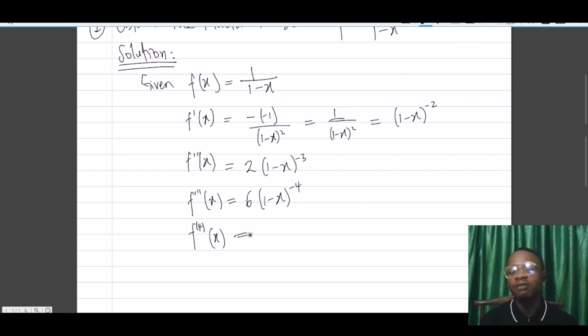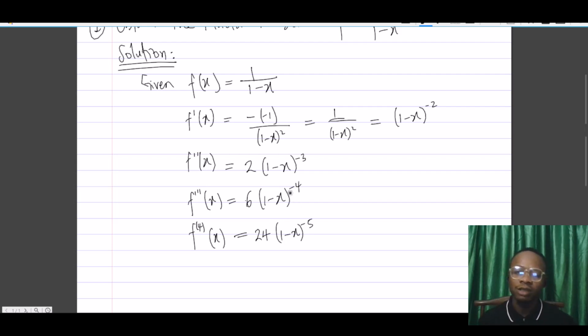The fourth derivative will be 6 multiplied by minus 4, then the derivative of what we have inside will still be minus 1, so that is 6 multiplied by 4, which is 24, and that is going to give us 1 minus x to the power of minus 5.